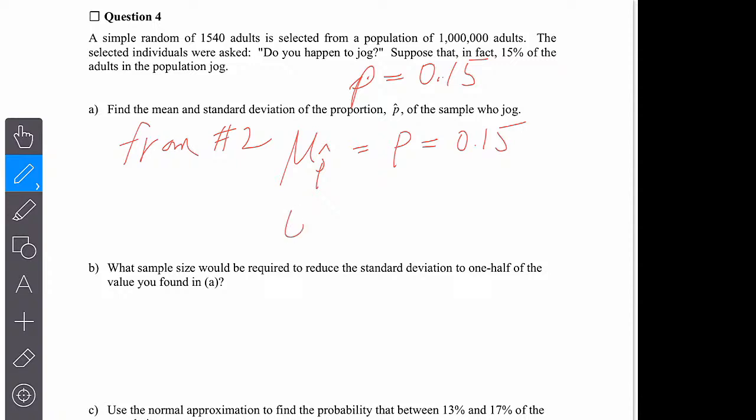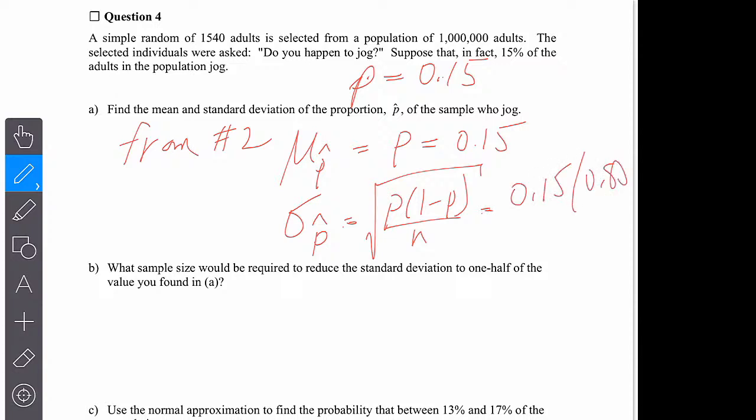And the standard deviation of p hat from number 2 is the square root of p times 1 minus p over n, which we can solve for: the square root of 0.15 times 0.85 divided by the sample size 1540. So you can figure that out. What do you get?